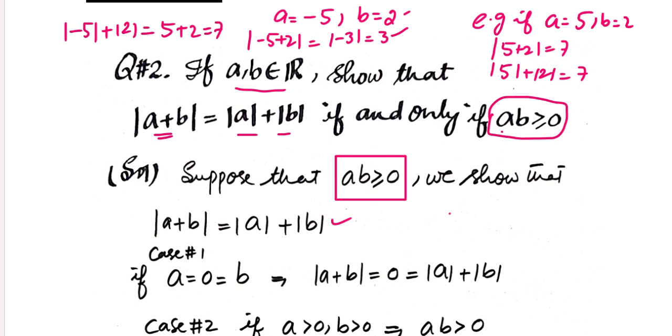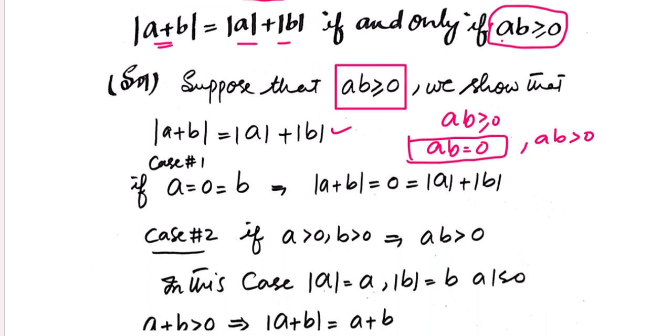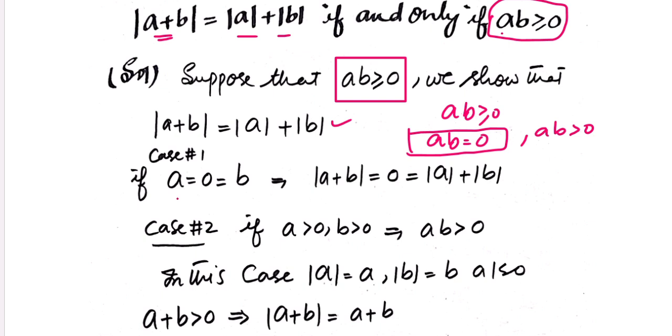As here the product is greater than or equal to 0, it means either ab is equal to 0 or ab is greater than 0. So firstly we discuss this case. If ab is equal to 0, suppose a and b both are equal to 0 here, then clearly their sum a plus b is equal to 0, which is equal to |a| plus |b| here. So the equality holds.